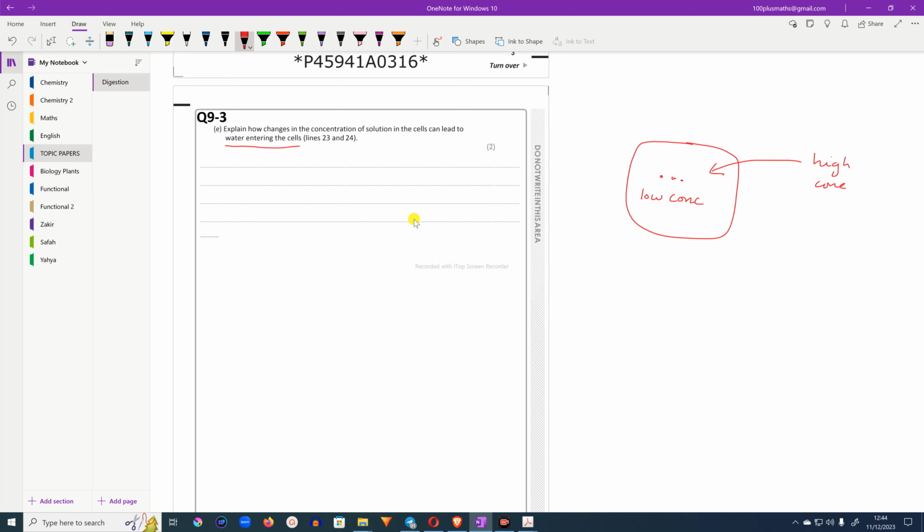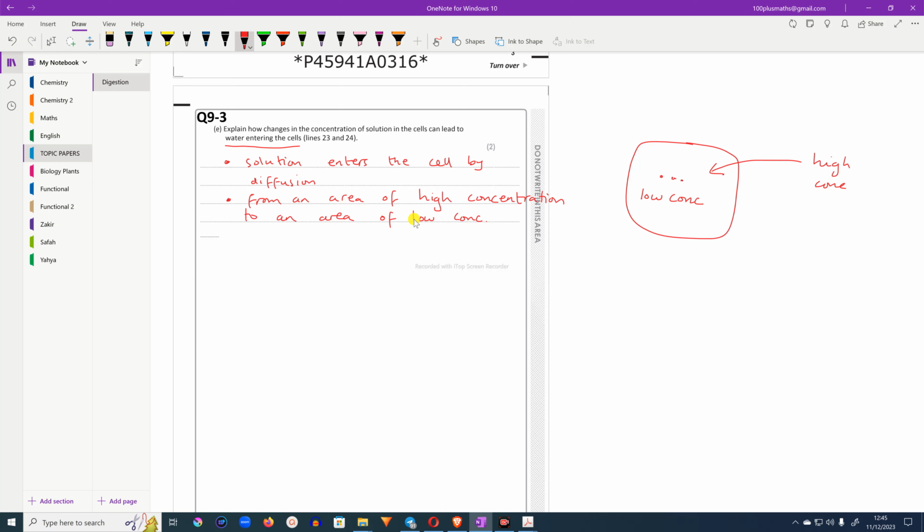So we can say the solution enters the cell by diffusion from an area of high concentration to an area of low concentration.